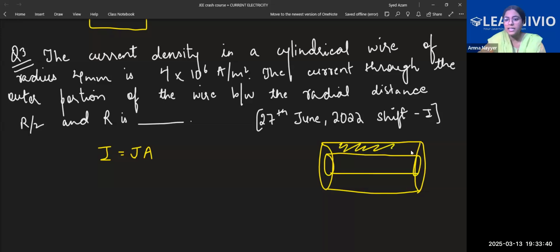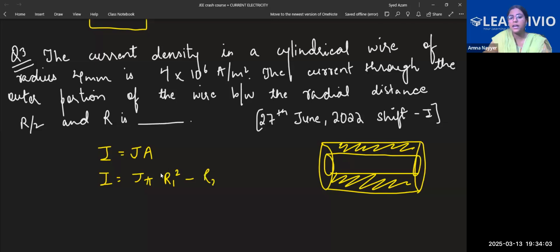And this portion's current is asked. So what we need is this area only. We require this much area only. So what will it be? This will be J into the area, which is pi (R1 square minus R2 square). Pi R square will be pi R1 square minus pi R2 square.